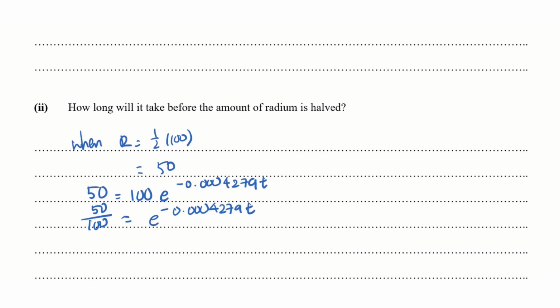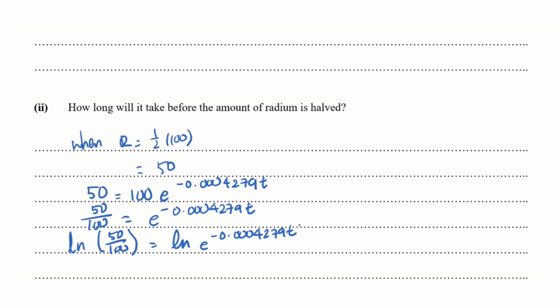Now the t is in the power, so what are we supposed to do with it? We need to make use of our logarithms. What we can do is to apply logarithm on both sides of the equation, and we will arrive at this.